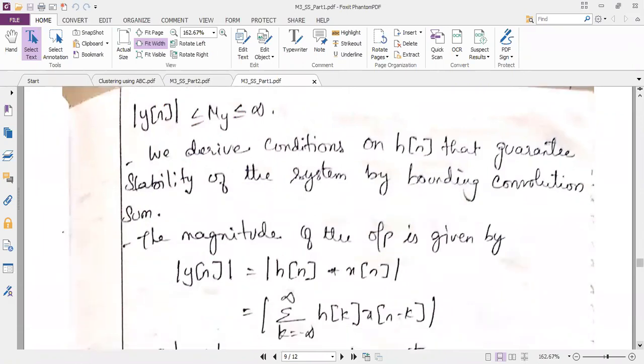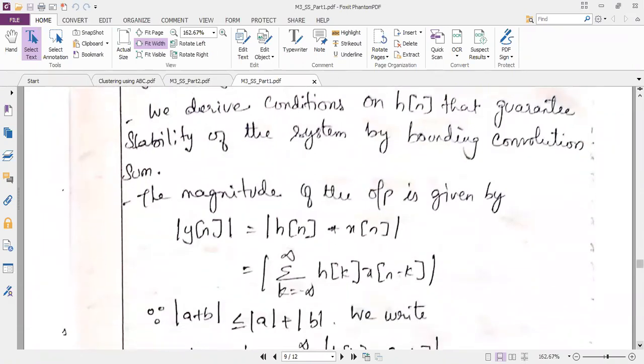Now with the help of that, I am going to derive the equation such that it is only in terms of h. Let me start with the equation of y of n. I am considering only the magnitude part, because the stability condition is in terms of magnitude: magnitude of y of n should be less than or equal to infinity.